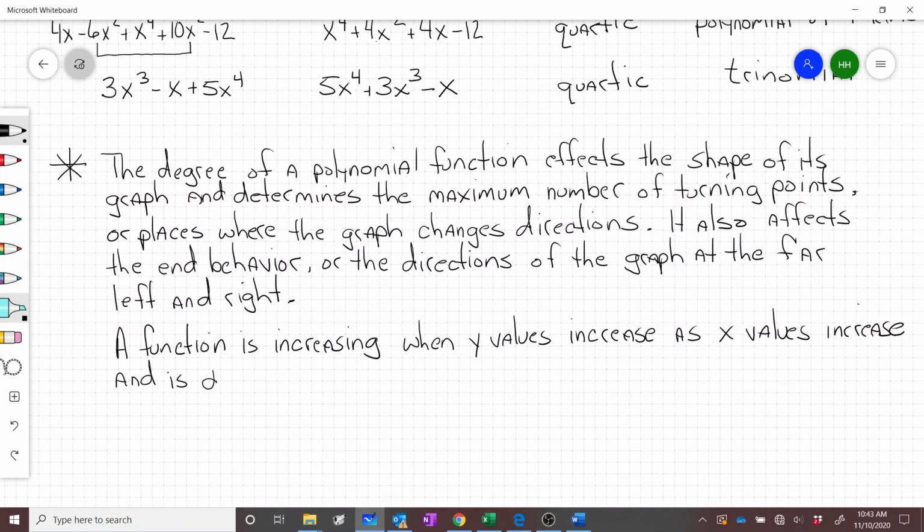And is decreasing when y values decrease as x values increase.